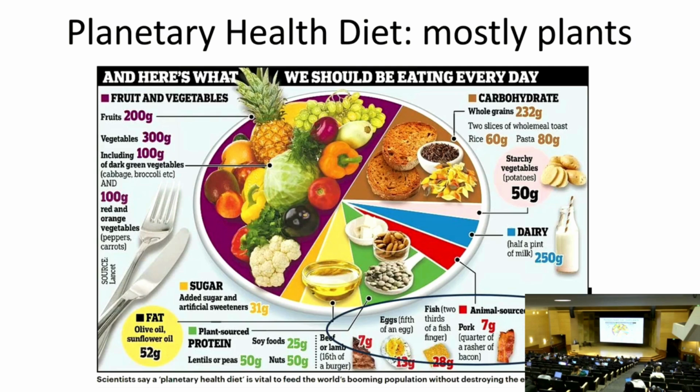And this is from a British newspaper. They were especially upset that this translated into a fraction of a rasher of bacon, which is a part of a British breakfast. So this was the response from a British tabloid newspaper putting together this picture of the Eat Lancet diet, saying that nobody in England was really prepared to follow that.